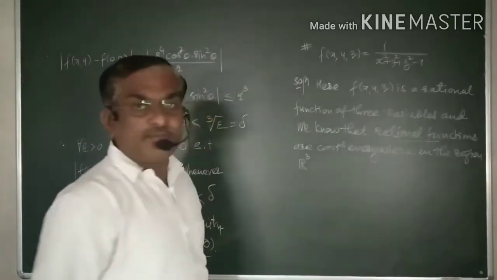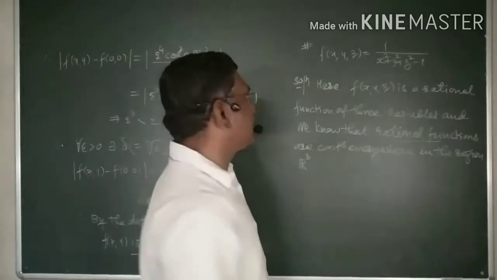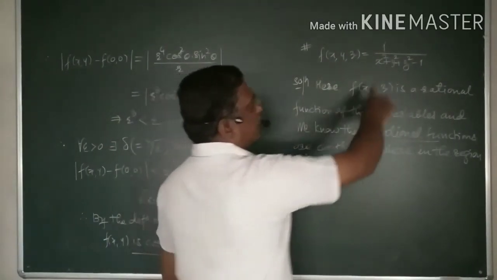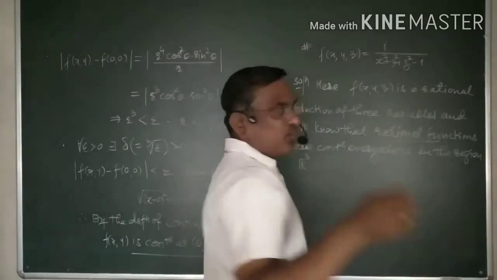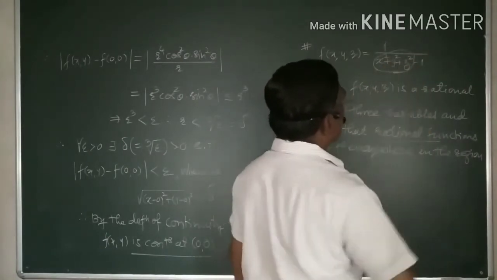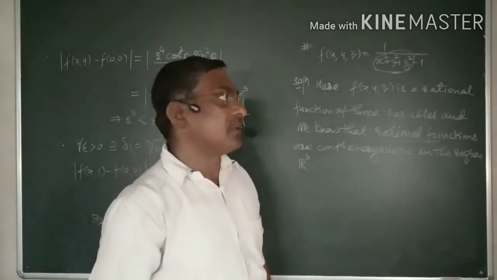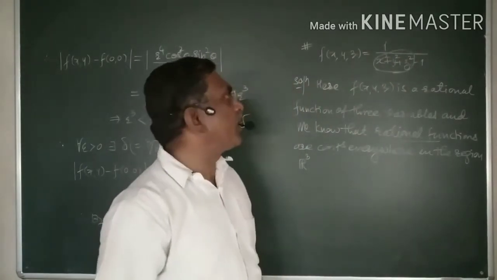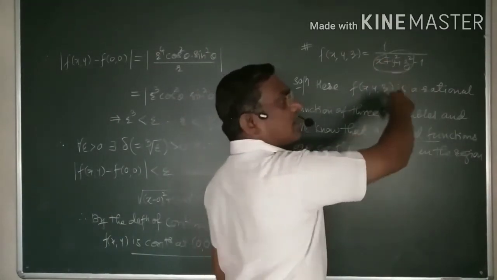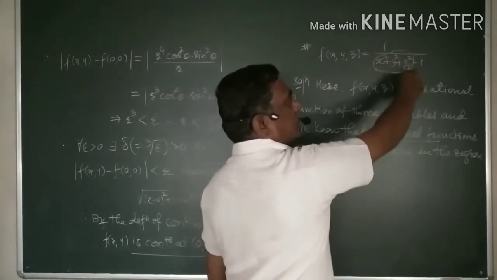But if I go for the domain of this function, what is the domain? If x square plus y square plus z square is 1, then the given function is not defined, and therefore one should restrict the points x, y, z so that x square plus y square plus z square should not be 1.